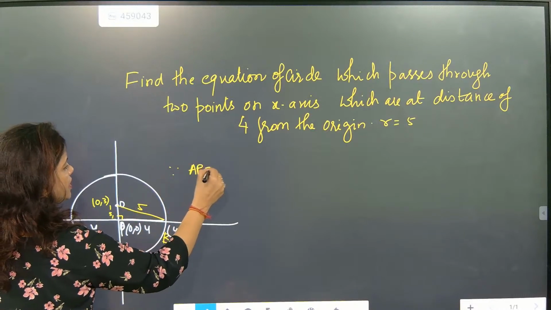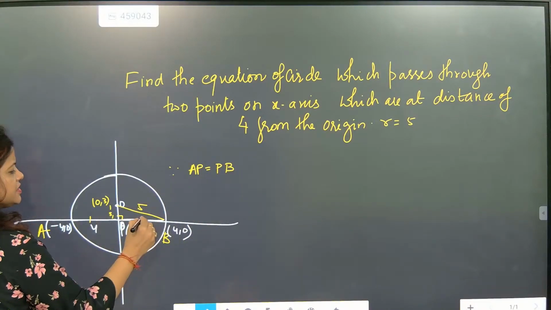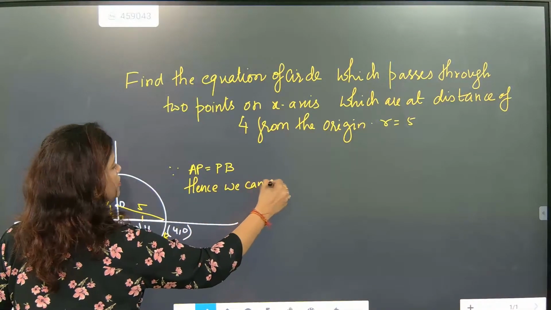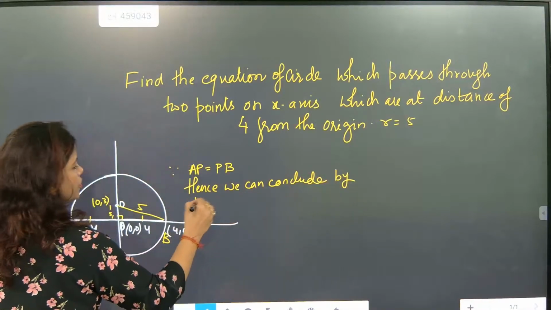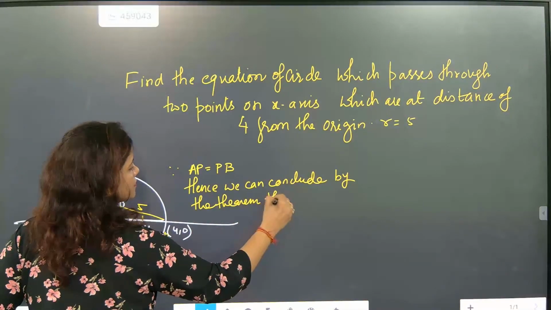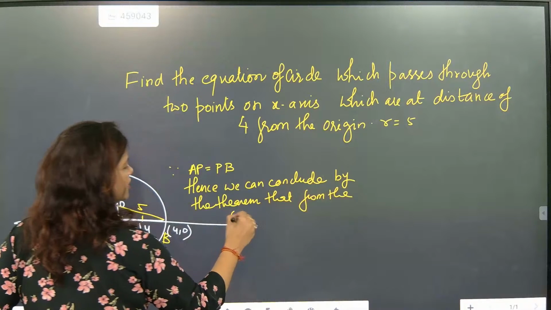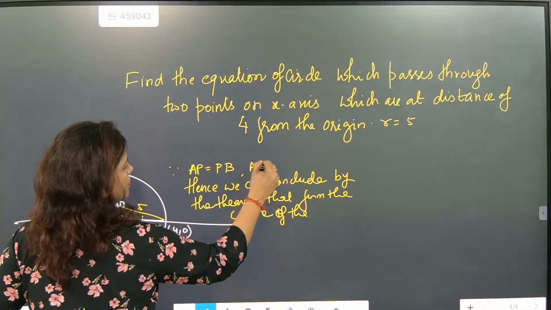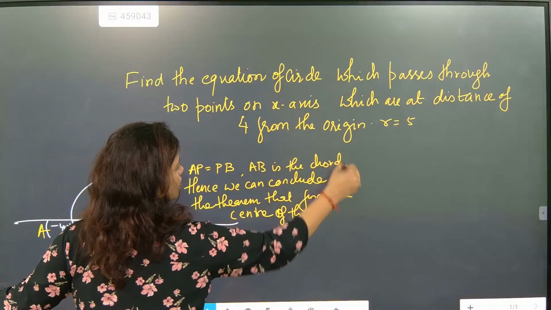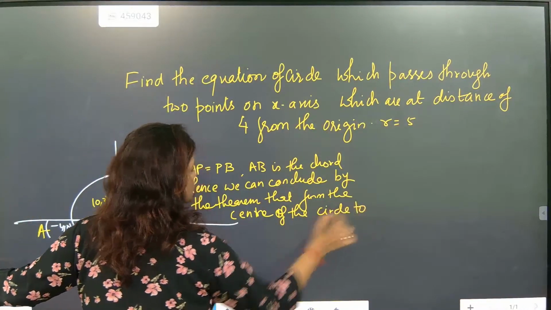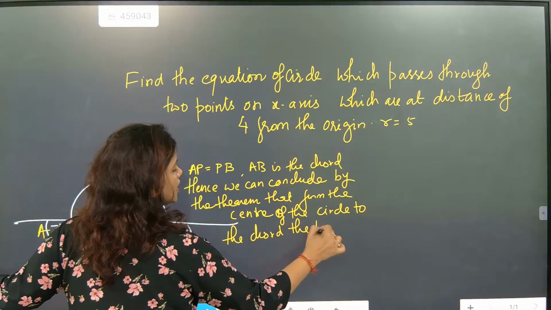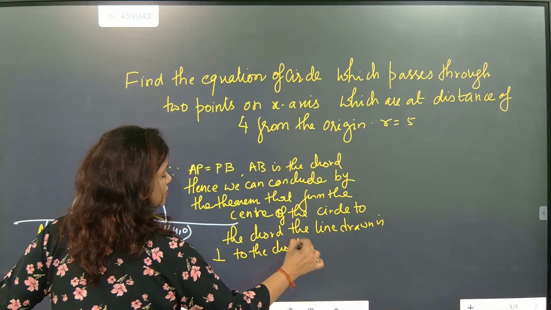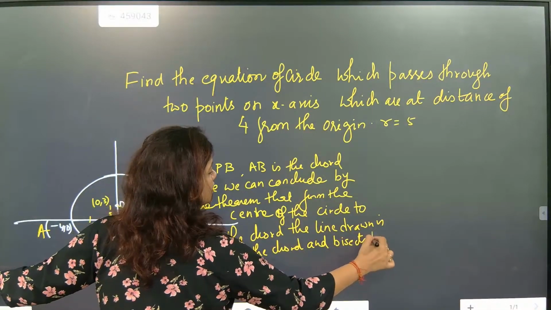since AP is equal to PB, AP distance is equal to PB distance, hence we can conclude by the theorem that from the center of the circle, you write, AB is the chord, from the center of the circle to the chord, the line drawn is perpendicular to the chord and bisects the chord.